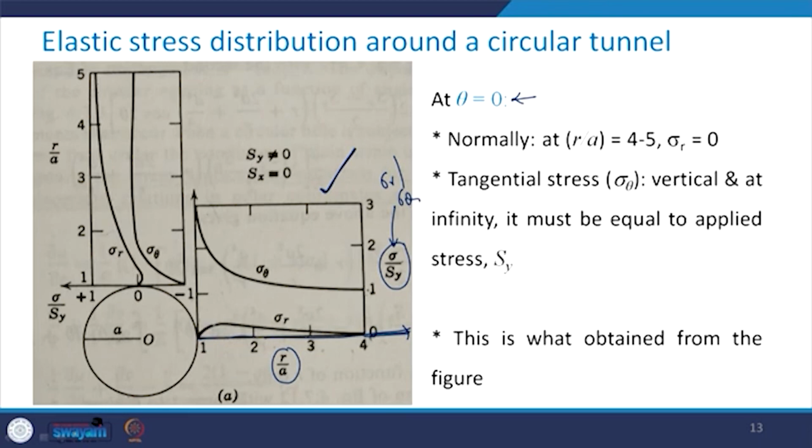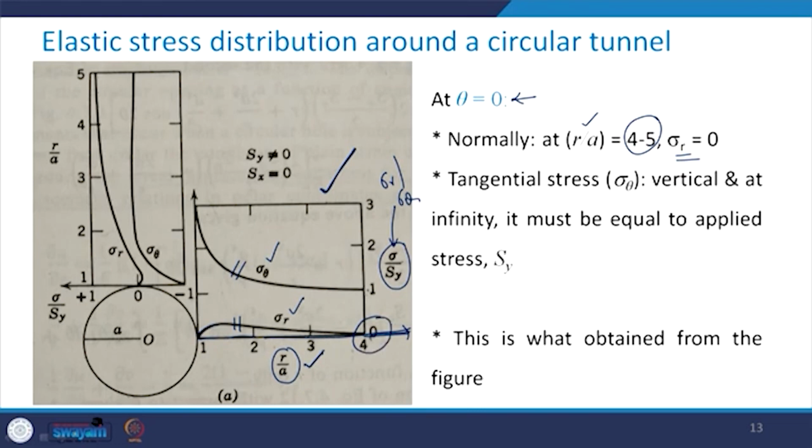So, this plot is showing the variation of sigma r with r upon a, and this plot is showing the variation of sigma theta with r upon a. So, if you just take a look at those expressions of equation number 12, normally at r by a equal to 1, this sigma r would work out to be equal to 0, and that is what we can see here in this figure as well.